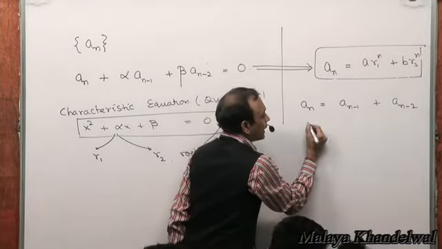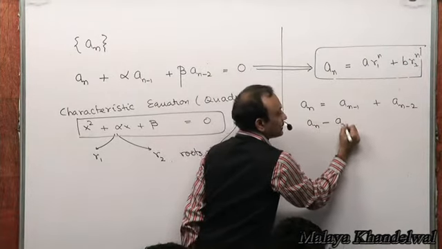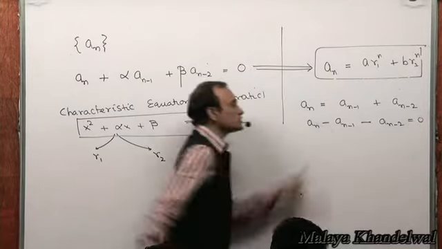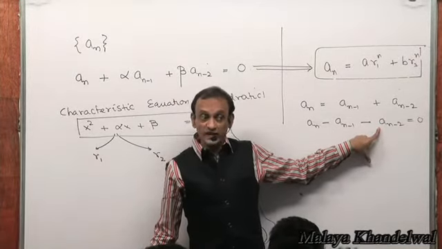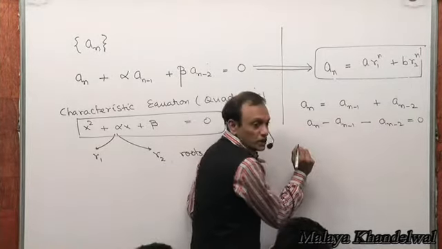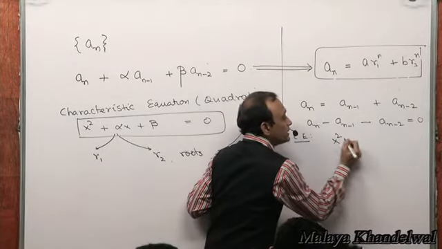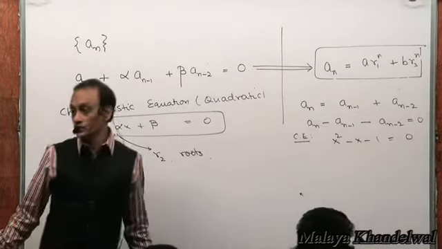And so this I can write as an minus a(n-1) minus a(n-2) as 0. So what's my alpha? Minus 1. What's my beta? Minus 1. Yes or no? My characteristic equation then would be x squared minus x minus 1 equal to 0.